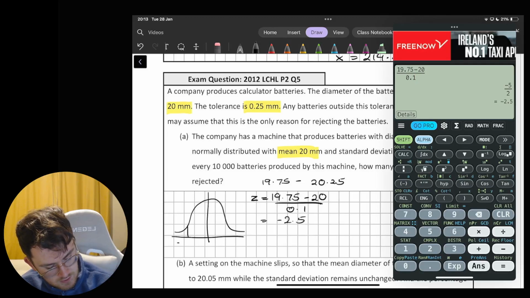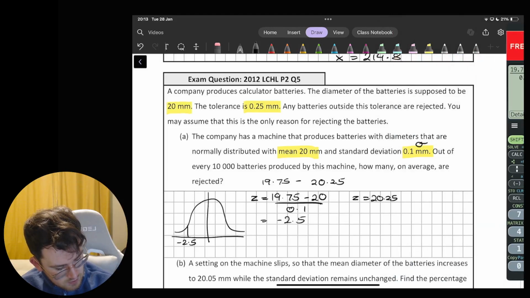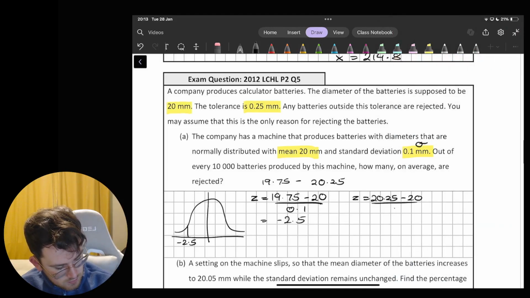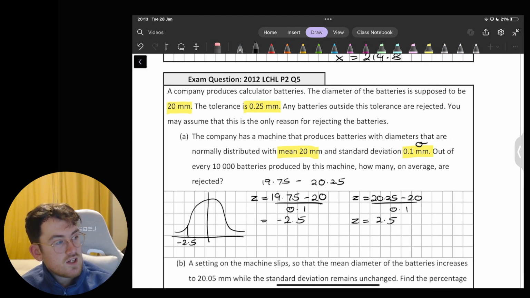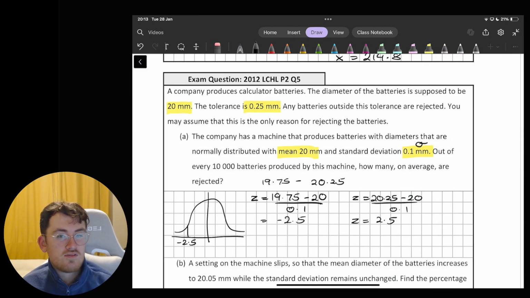So I can mark that one in. And on the other side, 20.25 minus 20 over 0.1 is 2.5. So really we're being asked about between minus 2.5 and 2.5 here.